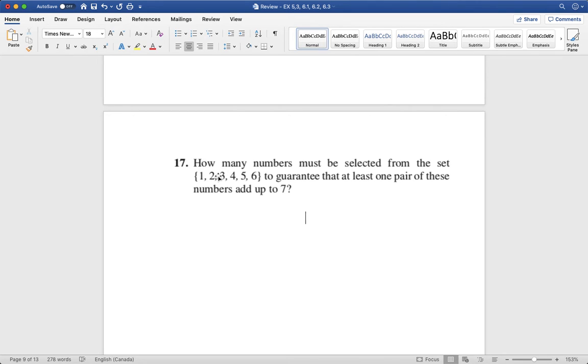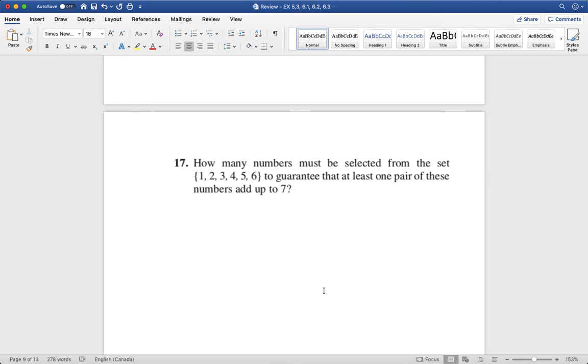So there are 1 2 3 4 5 6, and there are basically 3 such pairs which add up to 7. So this is 1 plus 6 is 7, 5 plus 2 is 7, 4 plus 3 is 7. To guarantee at least one pair of these numbers that add up to 7, how many?